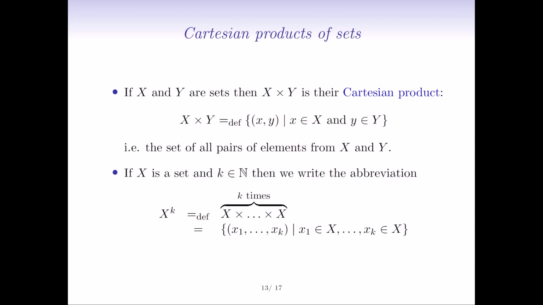So, X to the power k is an abbreviation for X cross X cross X cross X, k times, so basically the Cartesian product of k copies of the set X, and that is equal to the set of all tuples (x1, up to xk), so the set of tuples or lists of k elements such that all of the elements x1 up to xk belong to X. So hopefully that's simple enough. So the main thing we're actually going to use probably is this X to the power k when we're making the formal definition.